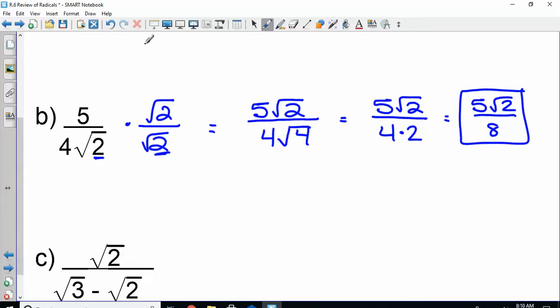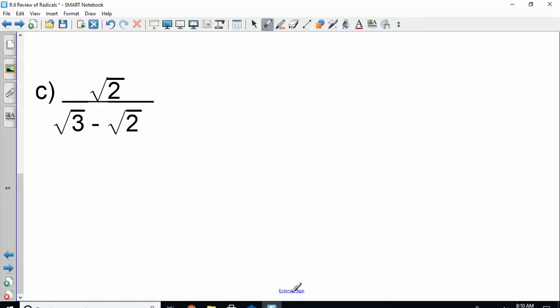Let's look at this one. Okay, the difference here is my denominator has 2 terms in it.